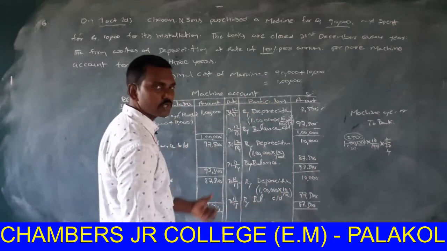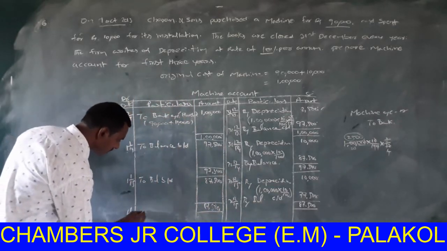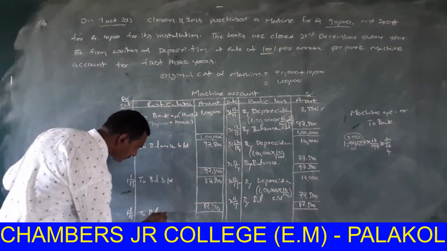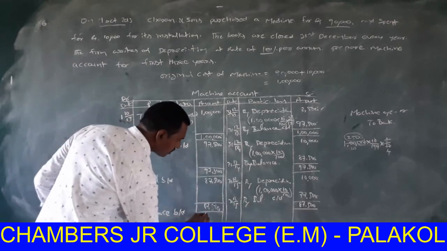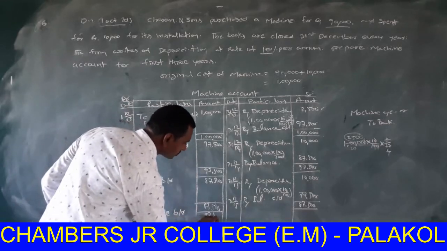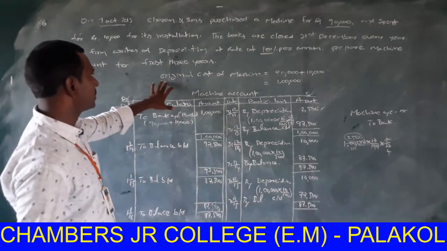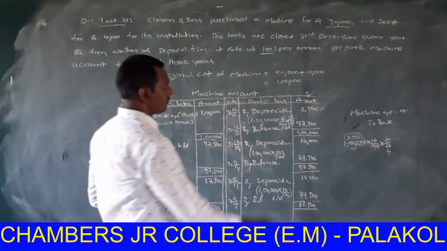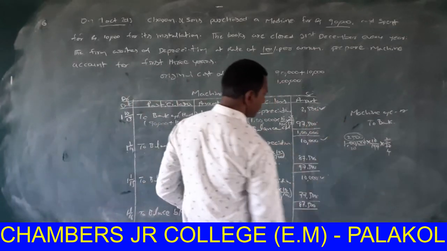The balance is transferred to next year, 1/1/2016, to balance brought down 77,500. This is the 3 years depreciation. We prepared the machinery account for 3 years: the first year, this one the second year, and this one the third year.